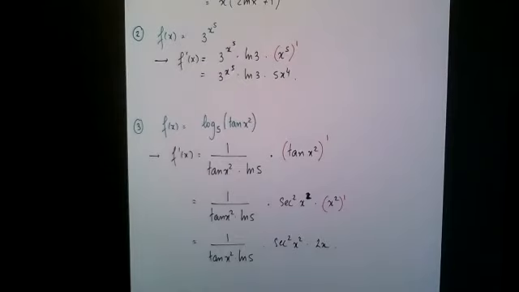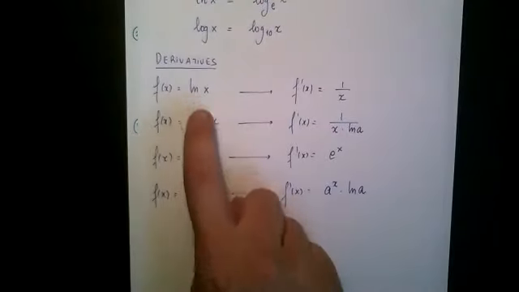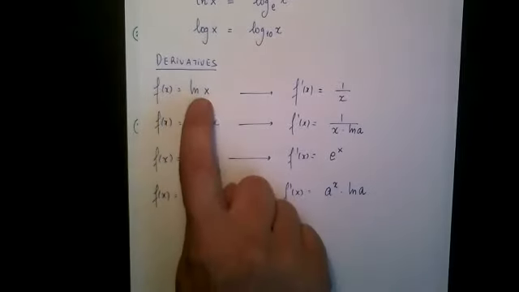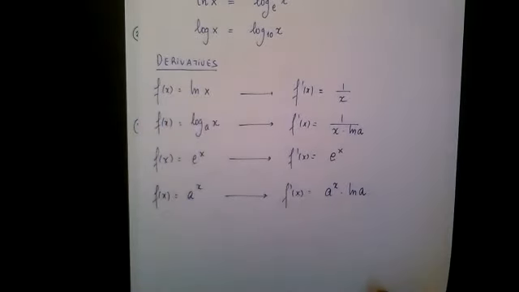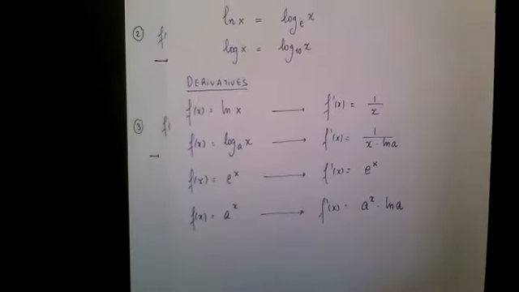Okay, we're going to do a lot of these soon, but let me now just prove the differentiation rules here, derivatives of ln, log, and all these. I'm going to start with proving ln x, which is definitely the hardest one.